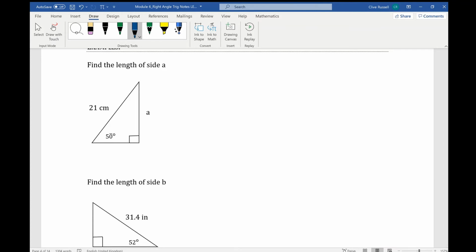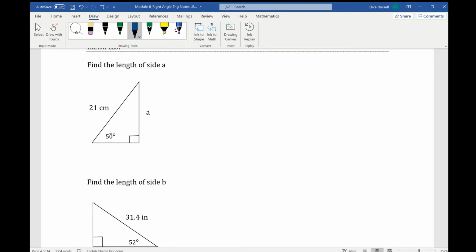We're going to be finding a side given an angle and a side, so we're going to find another side. And the final thing we'll be looking at is if you're given 2 sides, how do you find an angle? And that will involve what we call the inverse trig ratios, which we talked about at the beginning. But now we're looking at just finding a side given one side and an angle.